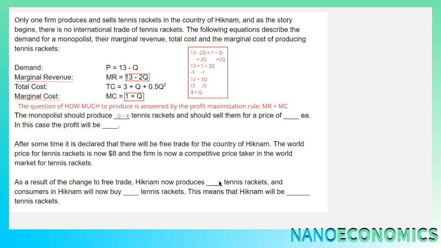So the quantity comes from the profit maximization rule. The price is going to come from what consumers are willing and able to pay for that quantity. So we're going to figure out how much consumers are willing and able to pay when the quantity equals 4.